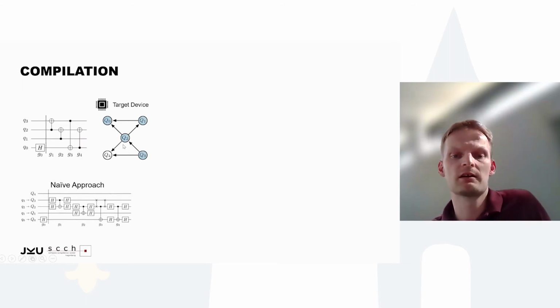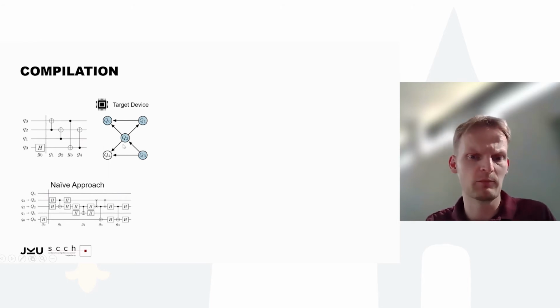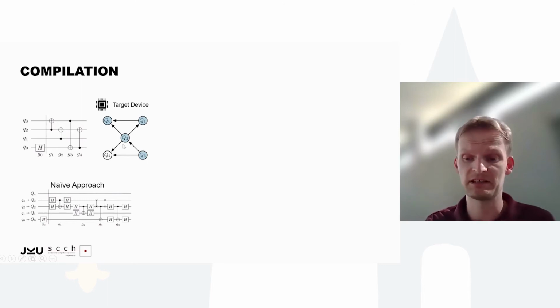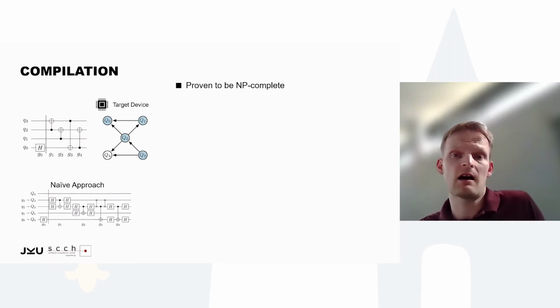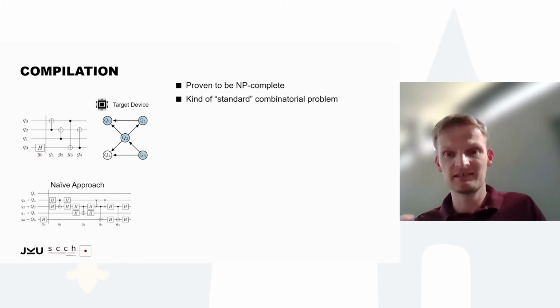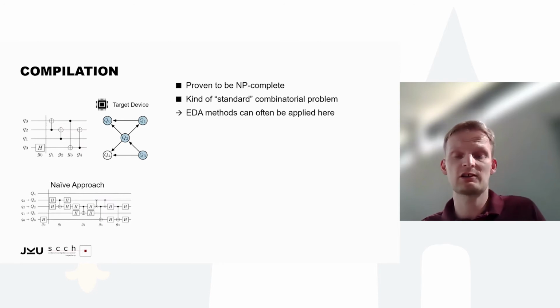And then the typical design problem which comes up at this point is that you now need to optimize that with respect to the number of swap gates. So you want to minimize the number of swap gates in this particular step here. This is a very hard problem, which has been proven NP complete. But at the same time, this is a kind of standard combinatorial problem for which many electronic design automation methods exist.